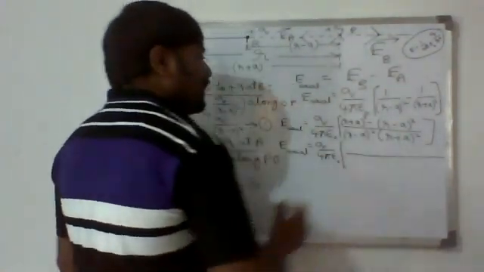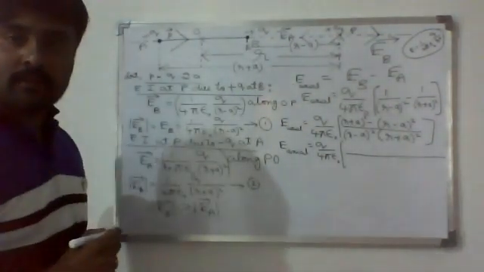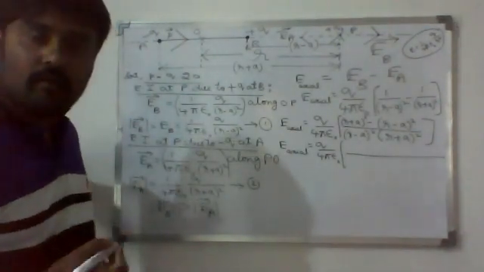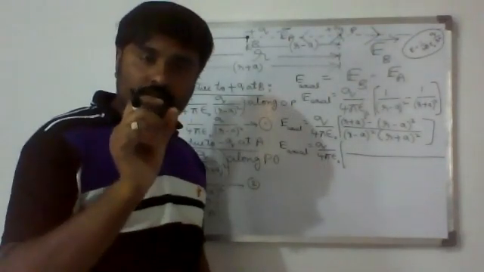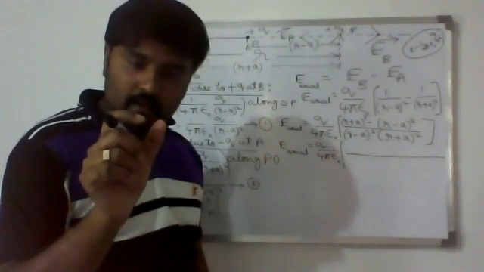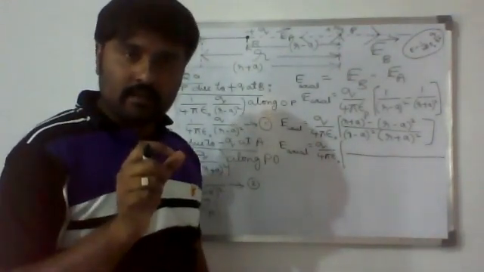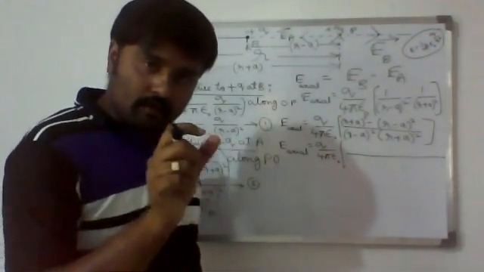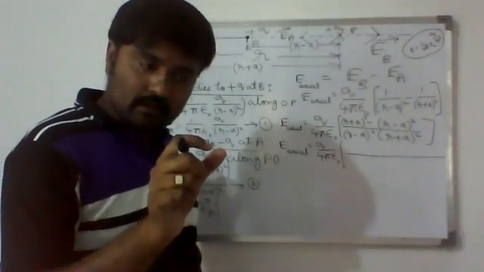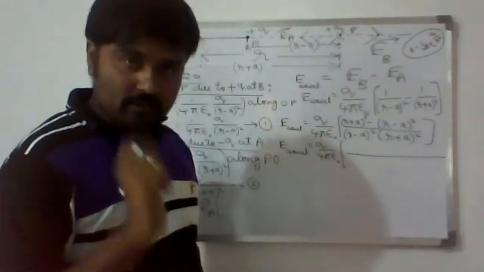So (R minus a) whole square into (R plus a) whole square. Actually, that can be written in the form of (R minus a) into (R plus a) into (R minus a) into (R plus a), right? So (R minus a) into (R plus a) is R square minus a square.